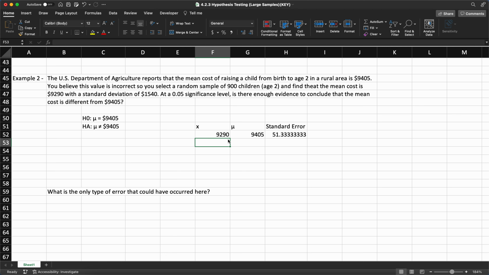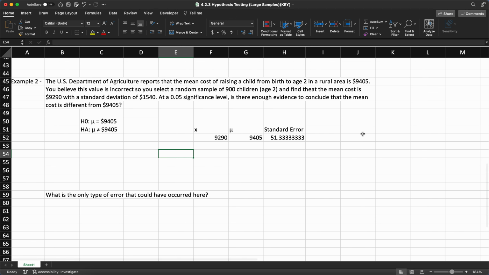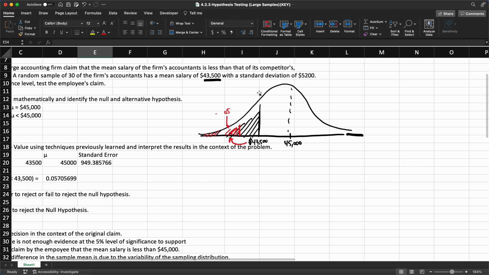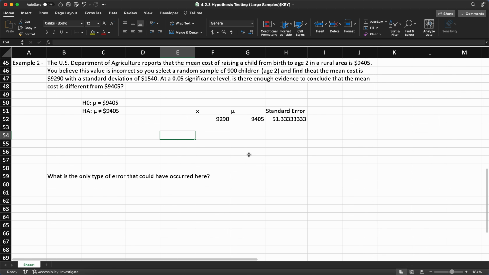All right, so now, how do I figure out the probability in this problem? So we're looking at a normal distribution like this, but we want the area on both sides, right? Okay. So this sample happened to come back less than the mean. So I'm going to see what's the probability that I'm outside that range.